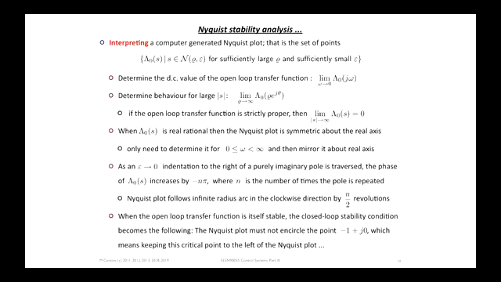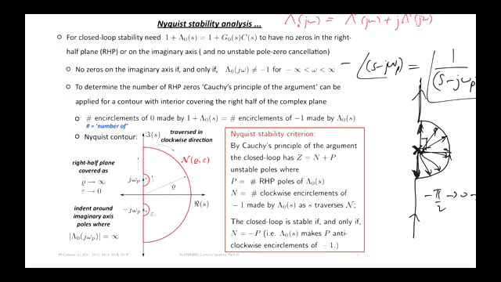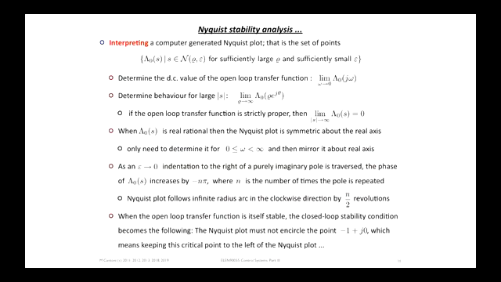And in that case, what we get when we evaluate lambda as we're moving up the negative part of the imaginary axis is just the mirror image of what was obtained when moving up the positive part of the imaginary axis. So that's something to bear in mind.